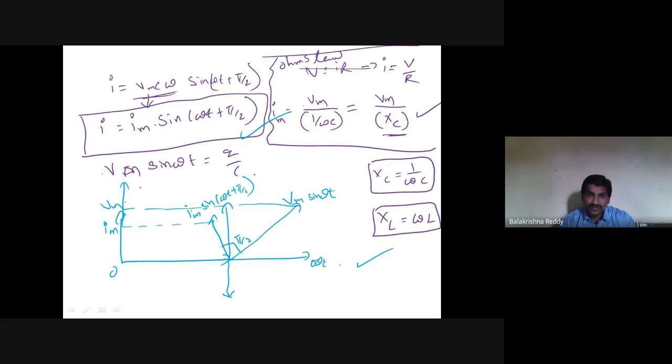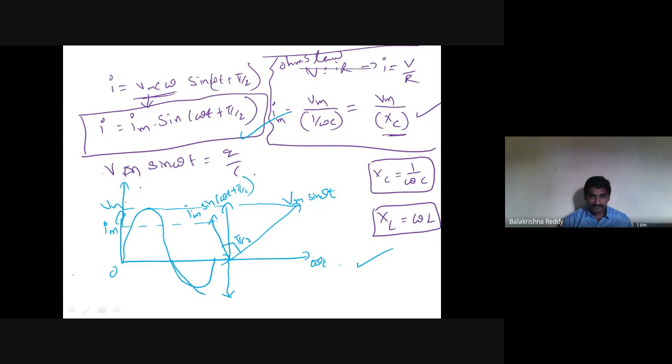Now, what we understood here: when we are supplying AC to the capacitor circuit, the current vector is always pi by 2 radians ahead of the voltage vector. If you draw a graph, this way we will write.